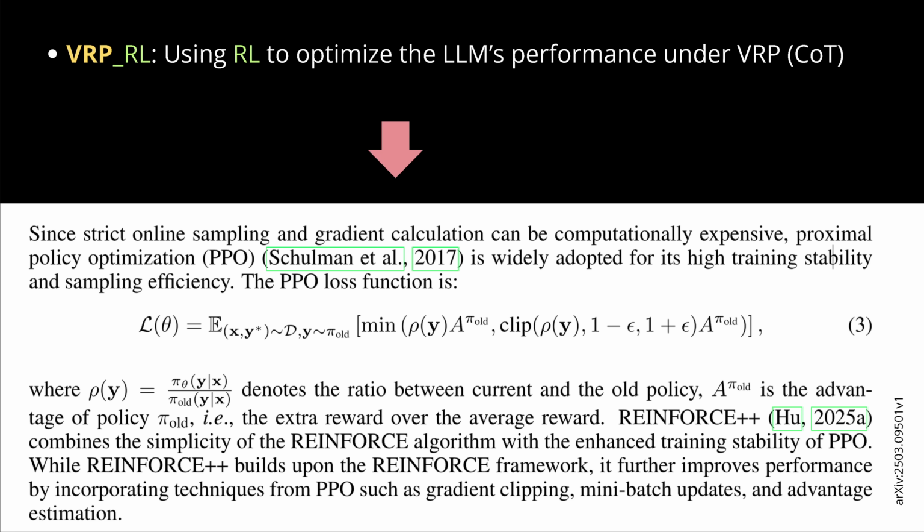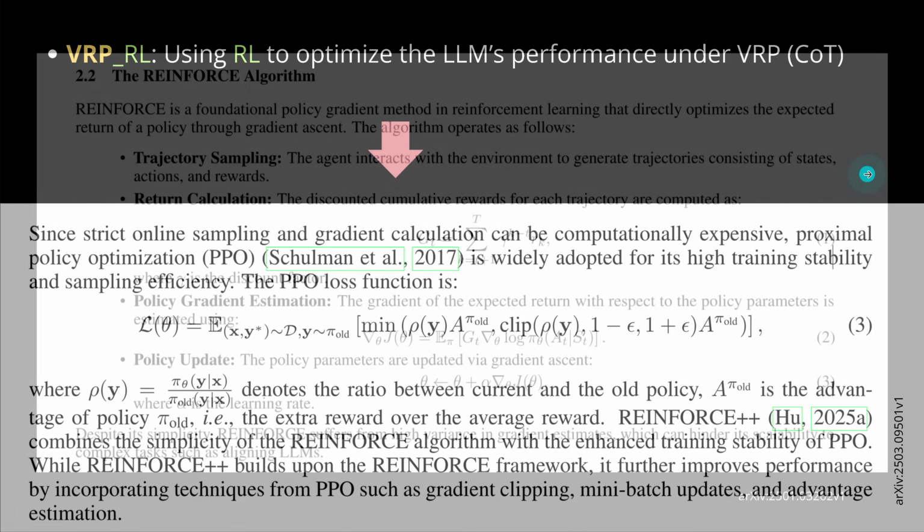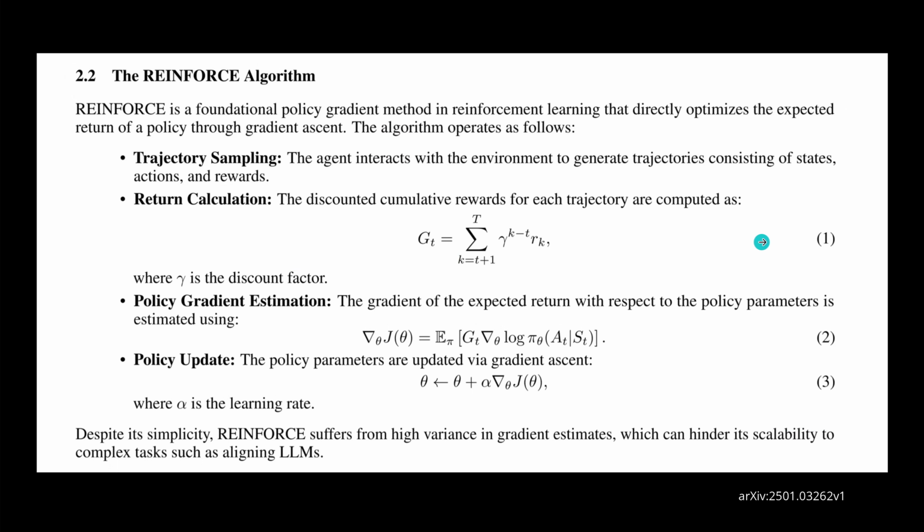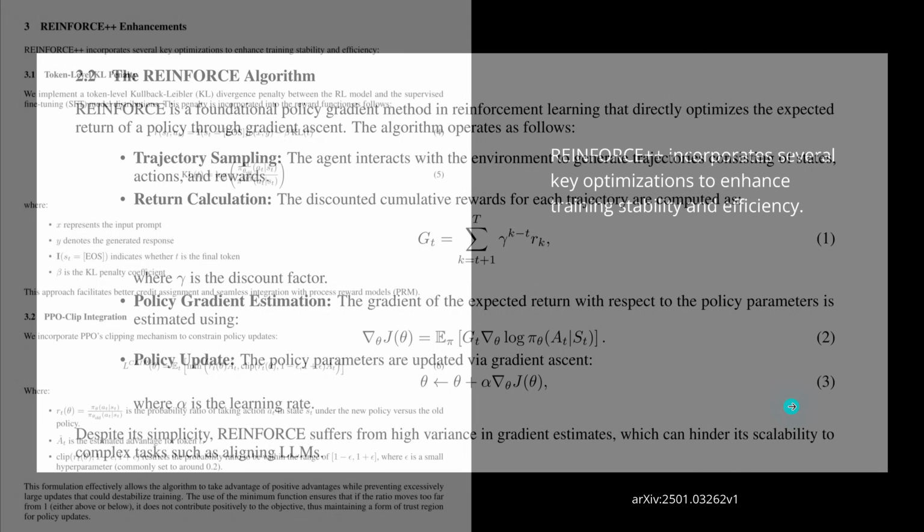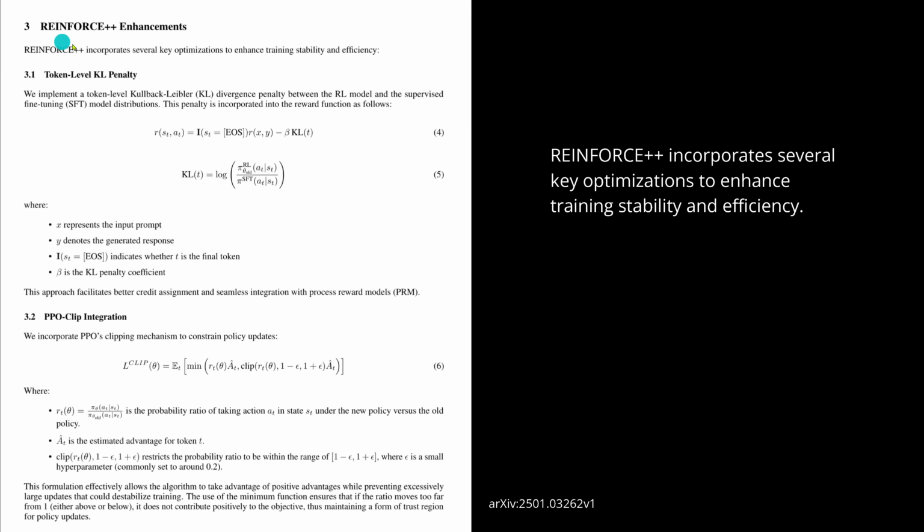It further improves the performance by incorporating techniques from PPO: gradient clipping, mini-batch update, and advantage estimation. If you are not familiar with this, never mind. Here is the classical REINFORCE algorithm if you just want to refresh your memory. And here we have the REINFORCE++ enhancement. Of course, we have a token-level KL penalty, the PPO clip integration and the batches.